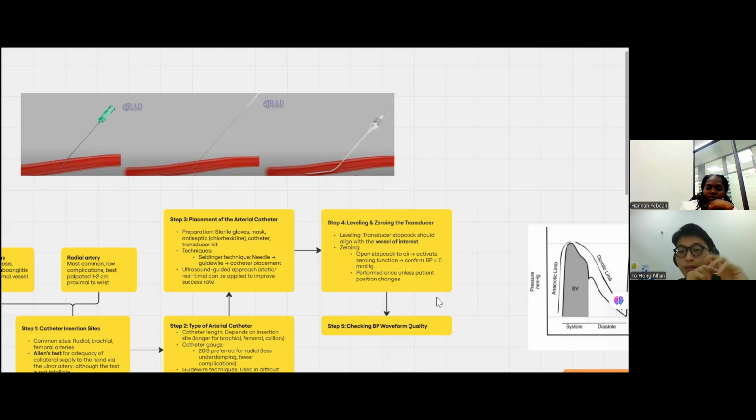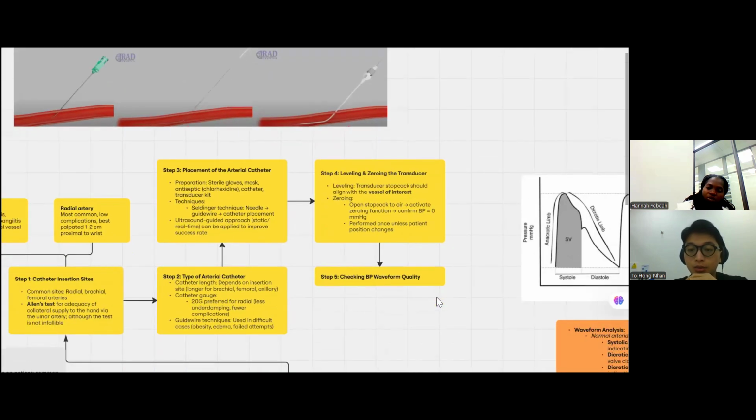After the transducer has been modified and the catheter fixated, and we get the data on the screen, we check the BP or blood pressure waveform quality, and then we can fine tune it or filter certain noise that we consider unimportant. So that is the five-step approach of invasive arterial blood pressure monitoring.